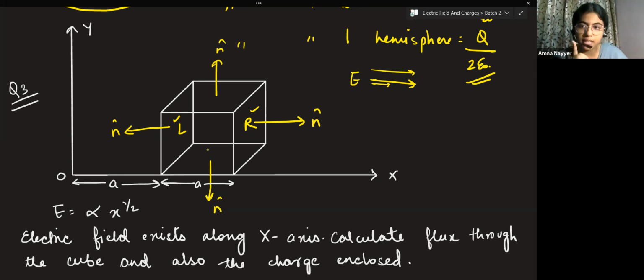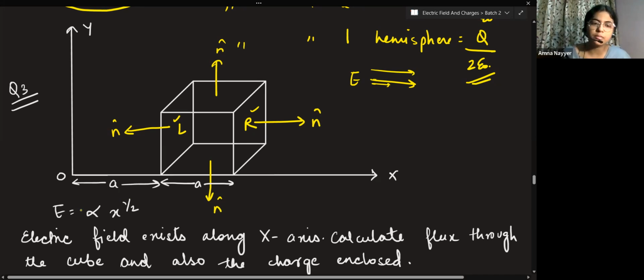Here only the right-hand side face and the left-hand side face contribute. The magnitude of the electric field is not given; it is given in variable terms, alpha x to the power half, where x is the distance from the origin. So let us calculate it one by one for the right-hand side face and then the left-hand side face. Adding both gives the net flux through the cube.